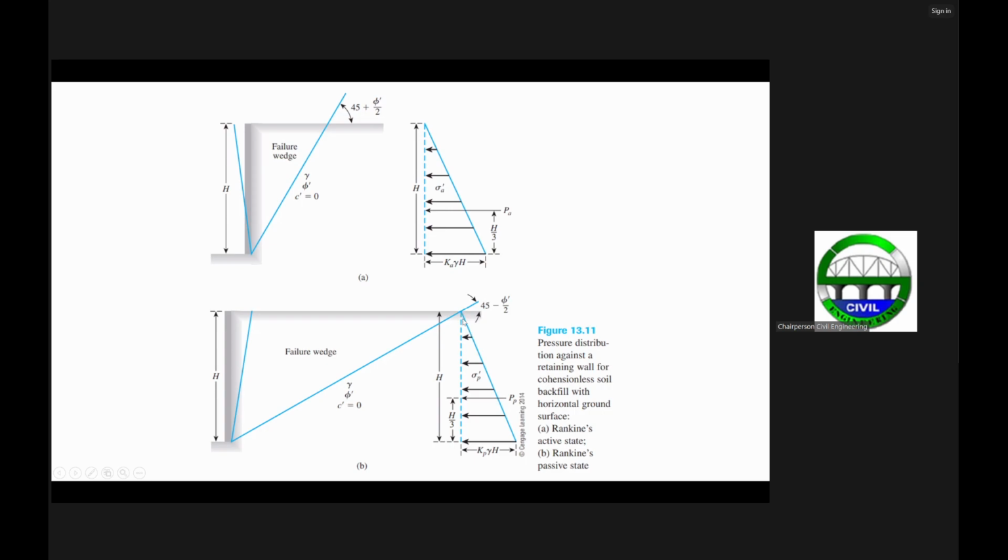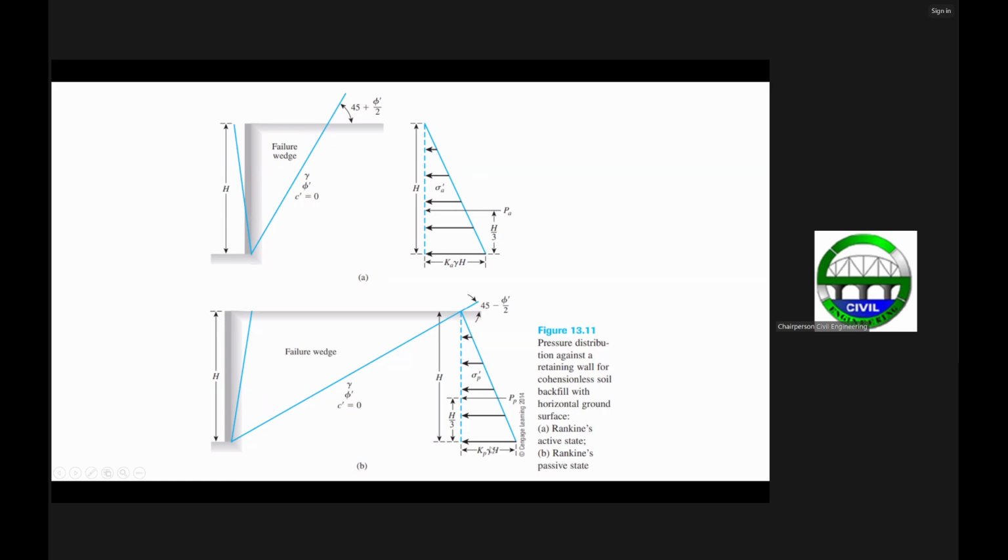The pressure diagram is just the same as the active state, but here the maximum pressure is equal to K sub P times the overburden pressure, which is equal to gamma times your H here.